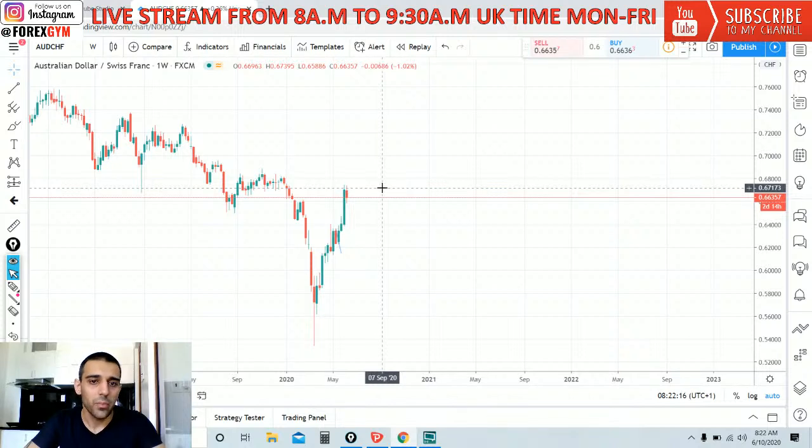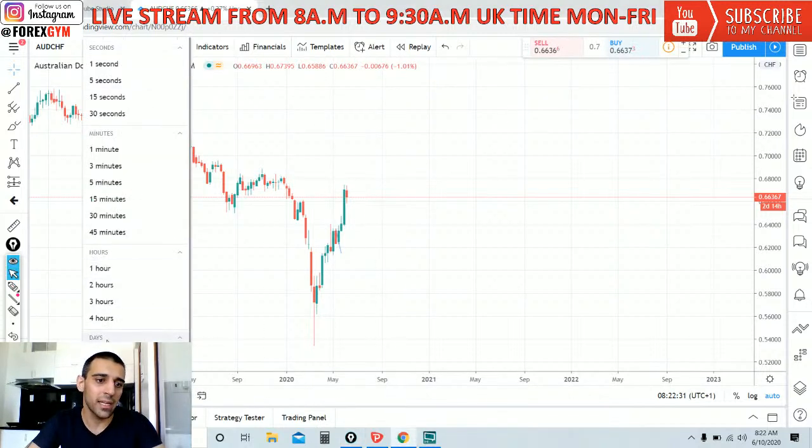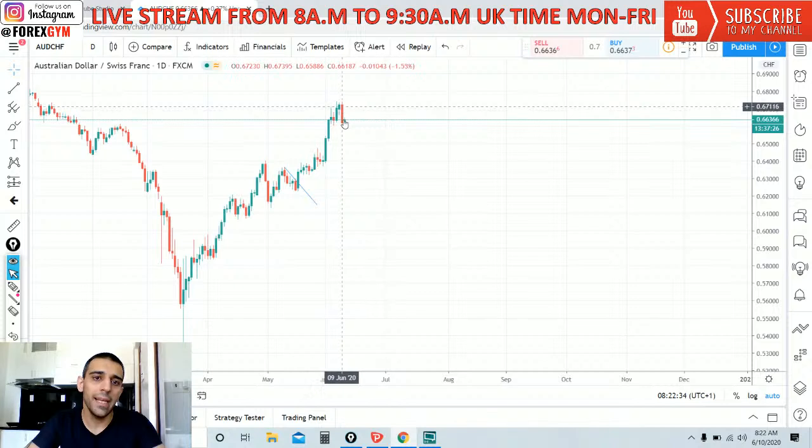The price came up to this resistance level and had a mild reaction towards the downside. It came down and tested these lows down here. So on the bigger picture, I will be looking up. However, looking at the daily time frame, this daily candle looks pretty strong towards the downside.